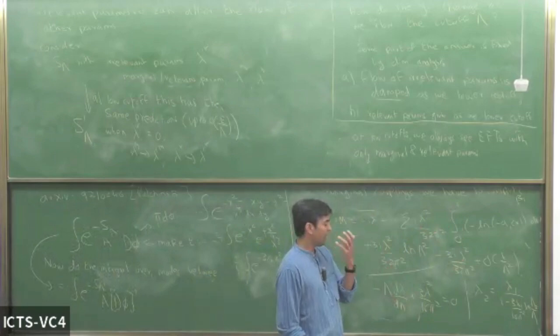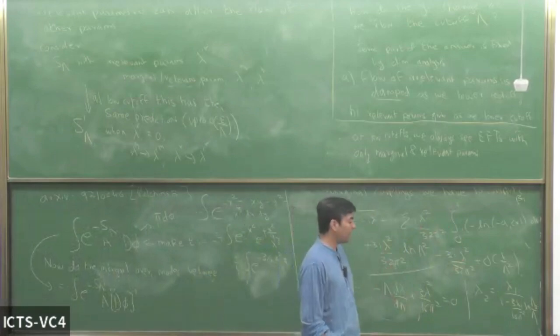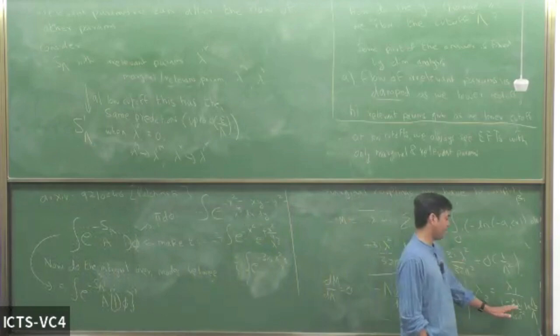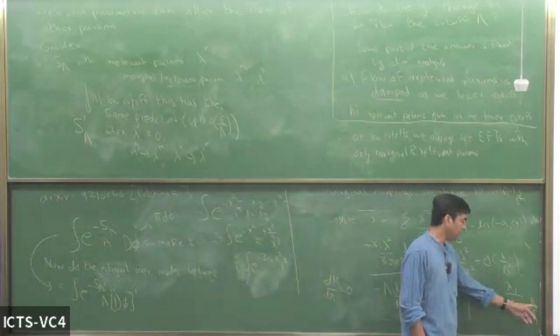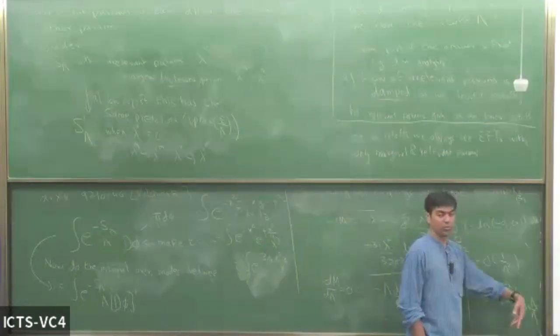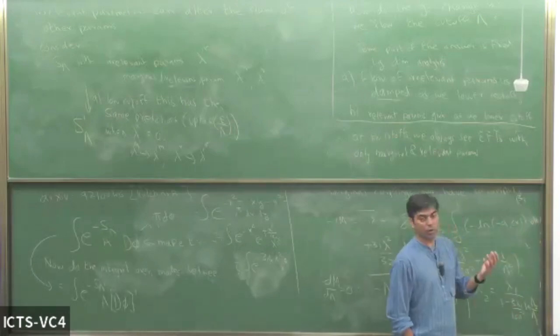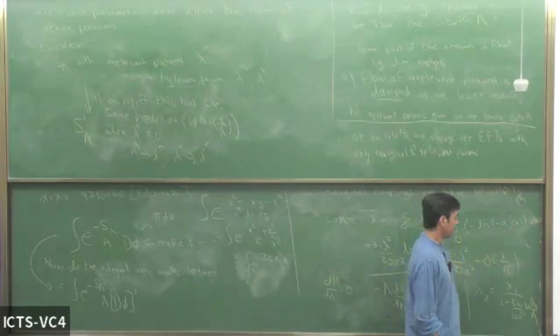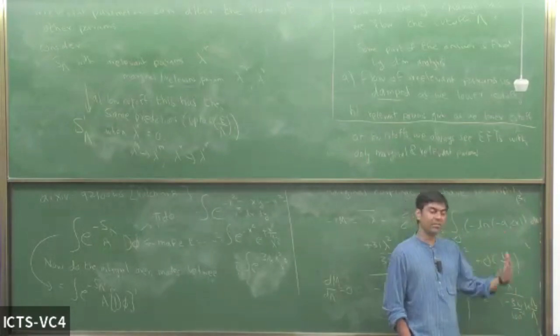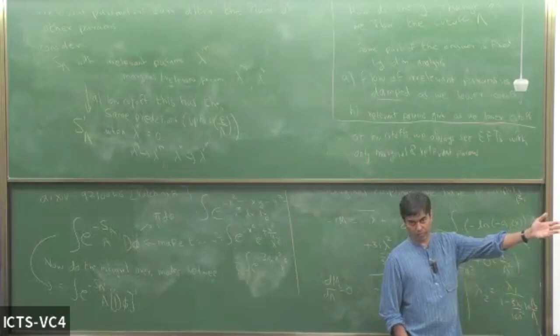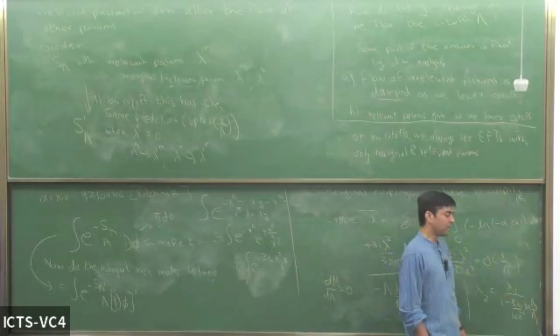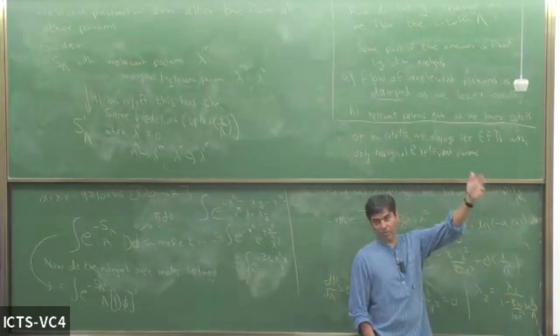Now, that means that in principle, you could take this cutoff lambda 2 to infinity. And what would happen is this small lambda 2 would become smaller and smaller. It would go to 0. So you could say, here is a theory which is defined all the way up to infinite cutoff. But that doesn't mean that physically the world is described by that theory all the way up to infinite cutoff.